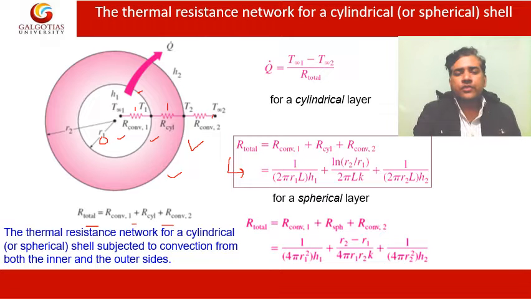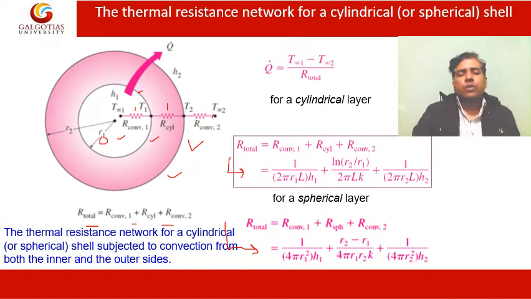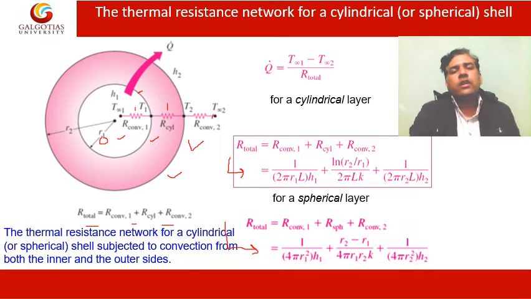Similarly for the sphere, under similar conditions, this kind of equation will be obtained. Once we calculate the thermal resistance of the cylinder using the thermal resistance network, it becomes very easy to calculate the heat transfer rate from one part of the body to another.